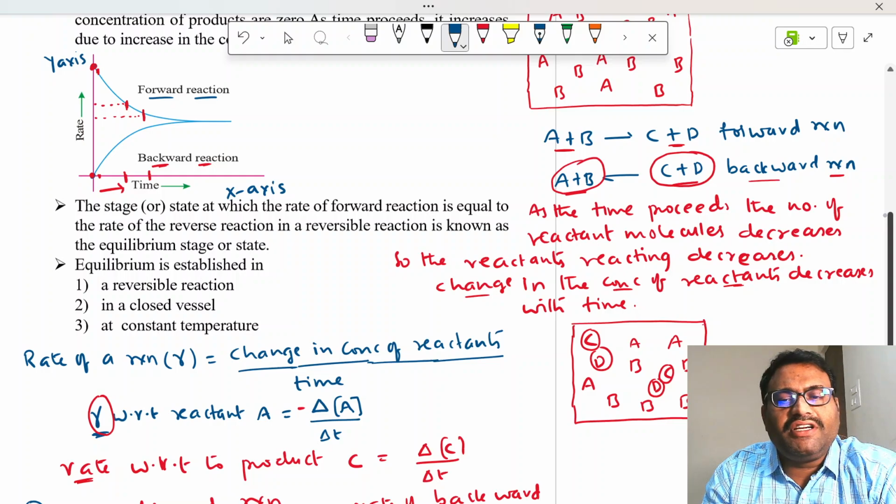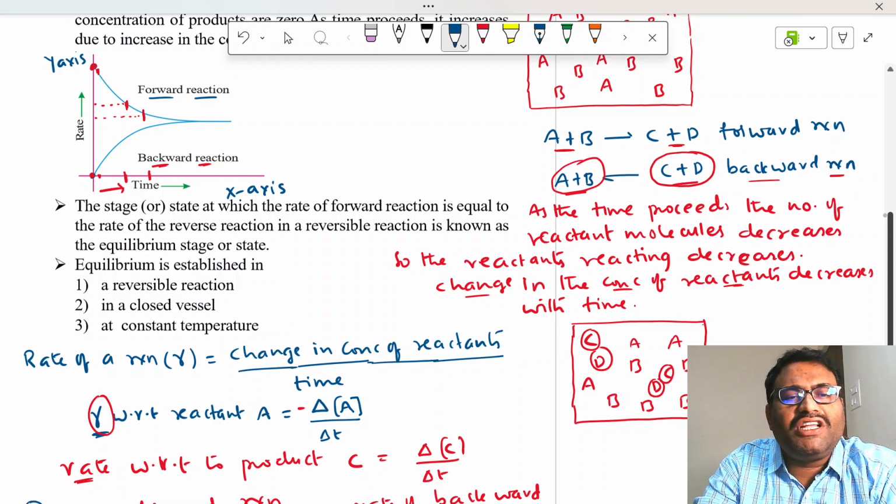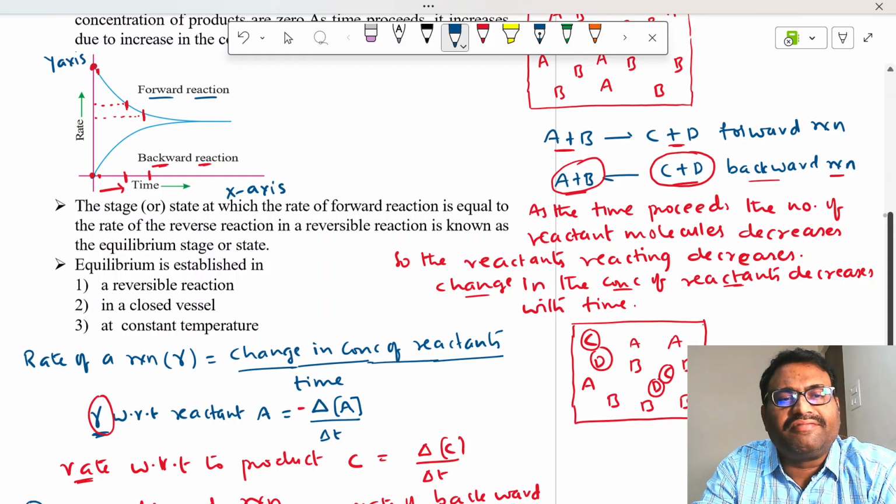As time increases, the number of products increases. As the number of products increases, more products react, and so the rate of backward reaction becomes greater.